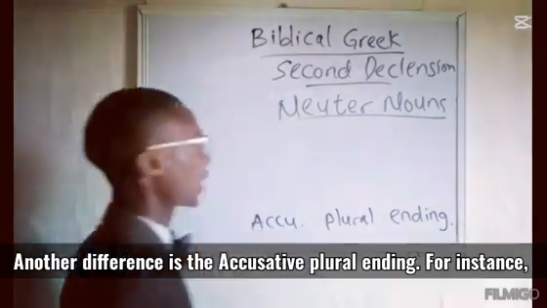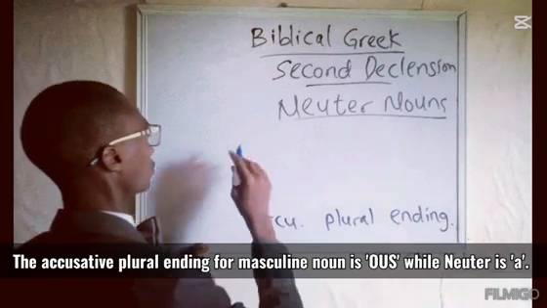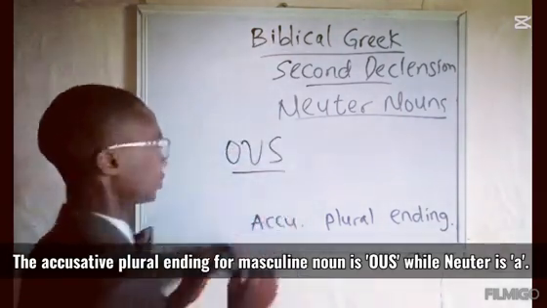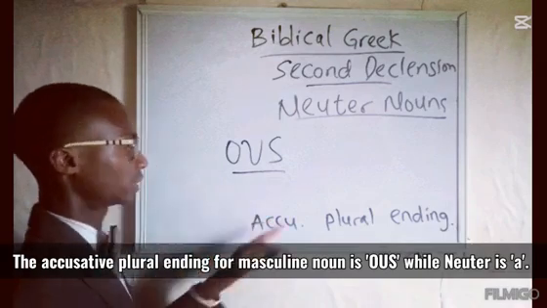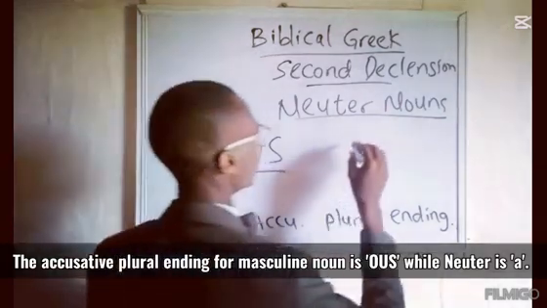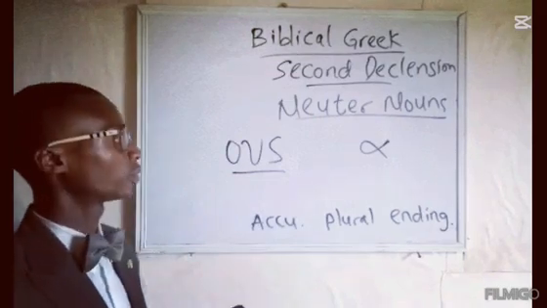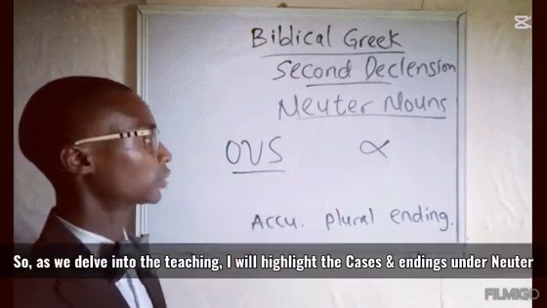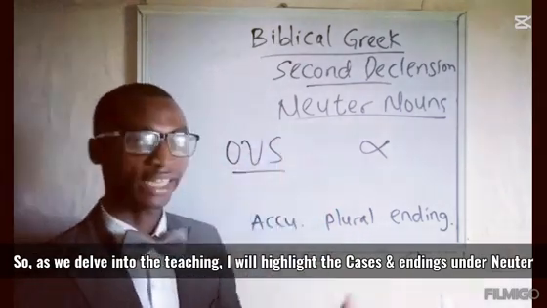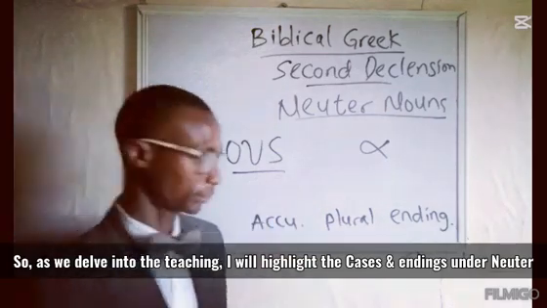The accusative plural ending for masculine nouns is us, while the accusative plural ending for neuter nouns is a. As we dive into teaching, I will highlight the cases under neuter nouns and their endings.